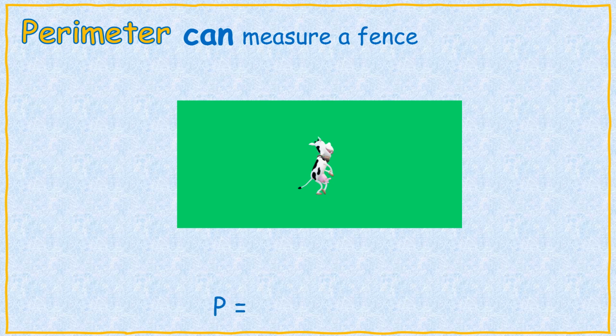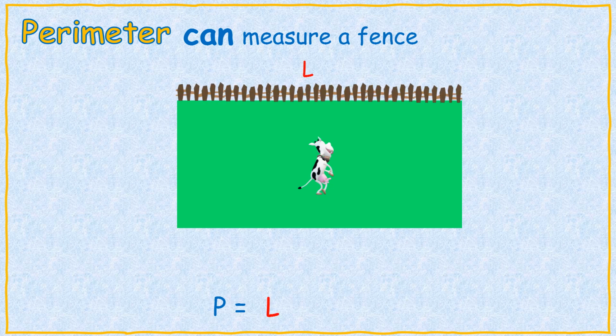So this is a problem where I'd have to use the perimeter to figure out all of the sides. I'd have to use my first length to put my fence in, add it to my width, and I notice I'm not done here because there's 2 different ways that my cow can escape.